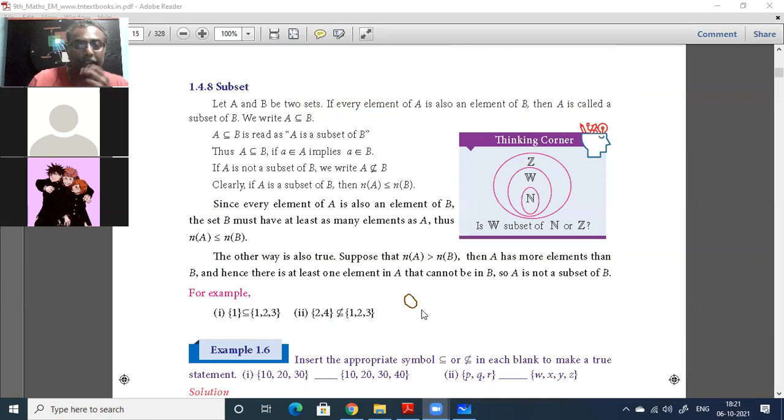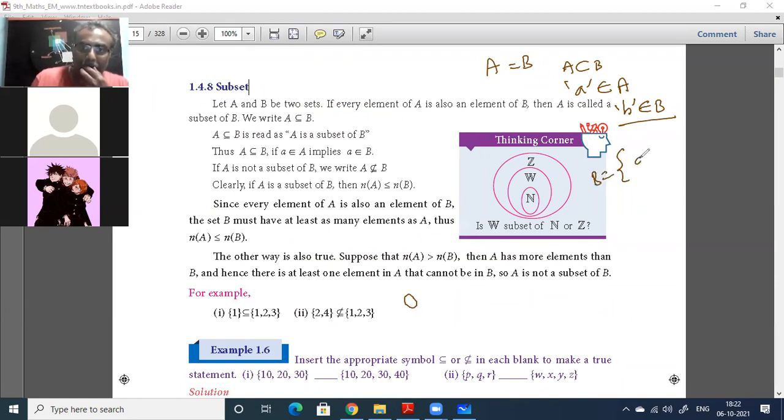Now, an important thing. You are all talking about elements, an element of a set, something belongs to a set. See, A equal to B is possible. A is a subset of B only is possible. But A is an element of set A, or B is an element of set B, is different. This is a single element in a set.